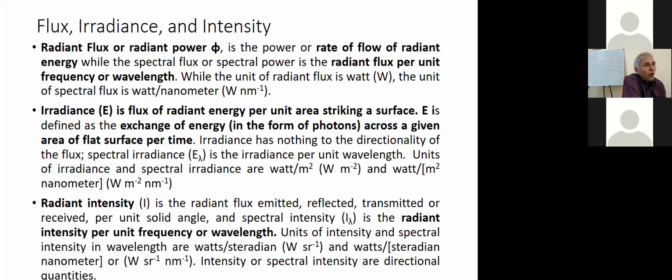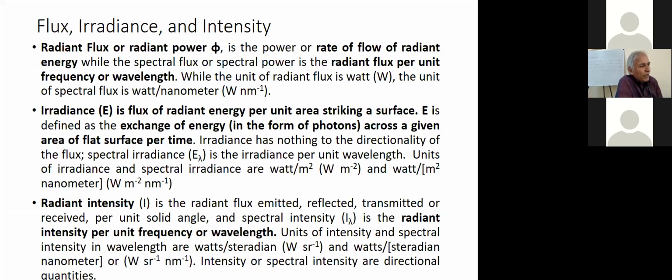Sometimes, instead of talking about radiant flux, we talk about spectral flux or spectral power. The moment we use the terminology spectral before any concept like flux or power, it is a connotation used only per unit wavelength or per unit frequency.